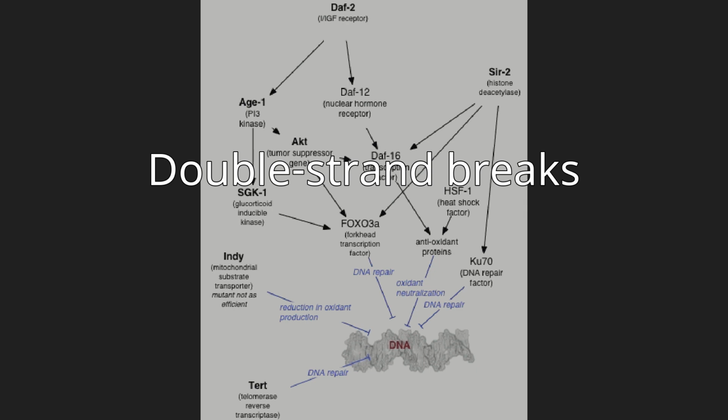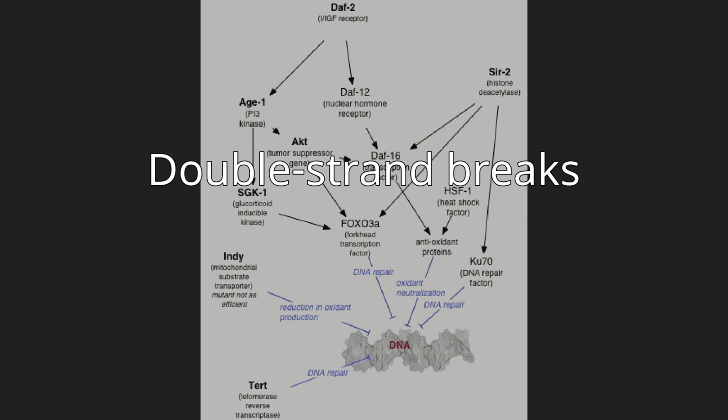If these overhangs are compatible, repair is usually accurate. NHEJ can also introduce mutations during repair. Loss of damaged nucleotides at the break site can lead to deletions, and joining of non-matching termini forms insertions or translocations. NHEJ is especially important before the cell has replicated its DNA, since there is no template available for repair by homologous recombination.